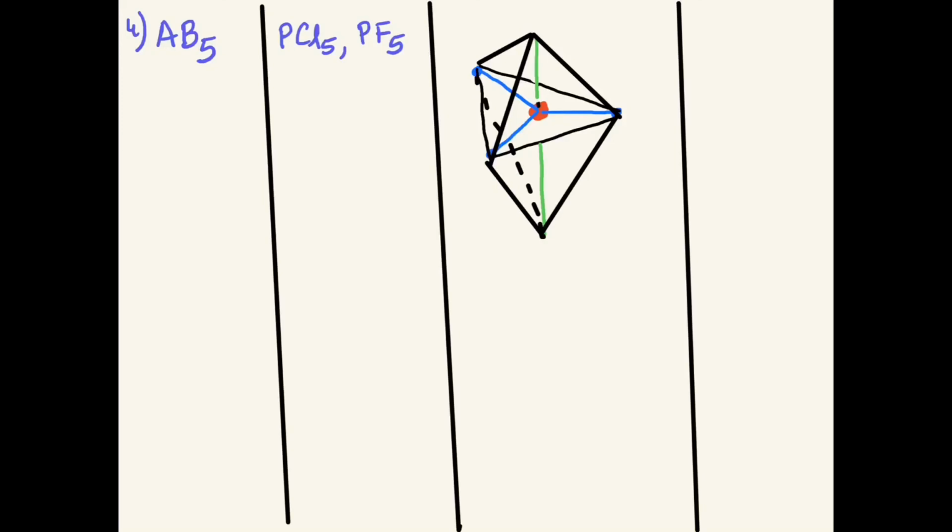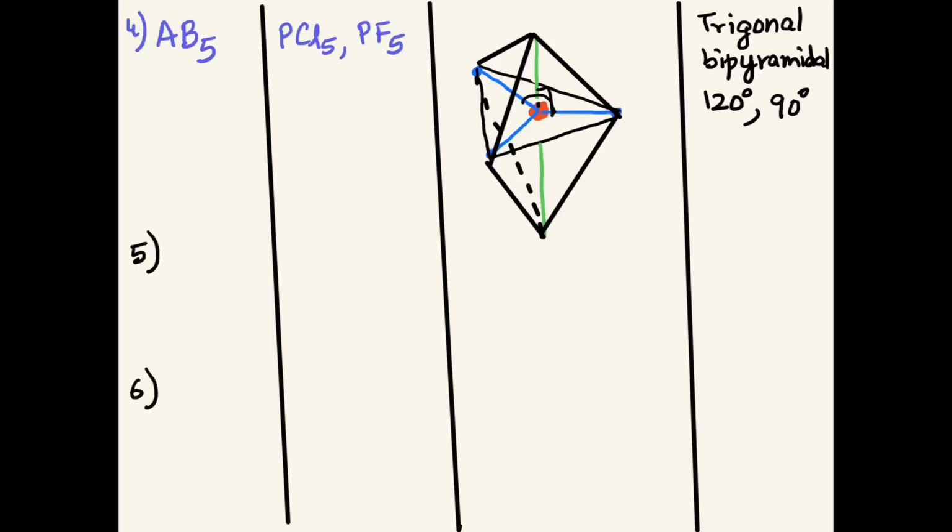And that is why this shape is trigonal bipyramidal. What about the bond angles? Good. If you have got the Play-Doh and pencils with you, what is this bond angle that we've got? 120 degrees. And what is this bond angle? It is 90 degrees.